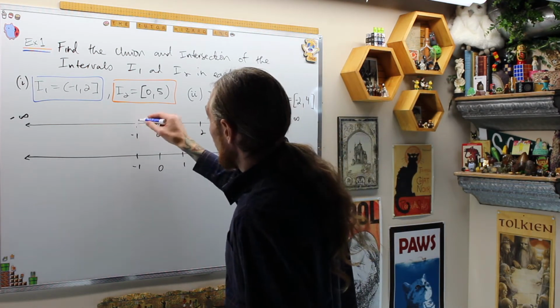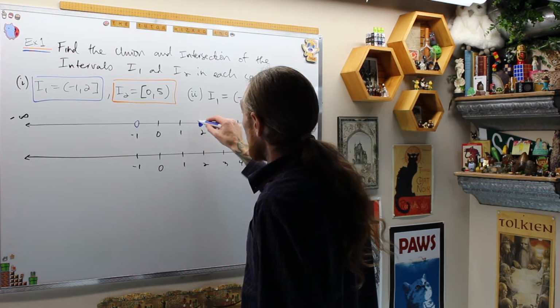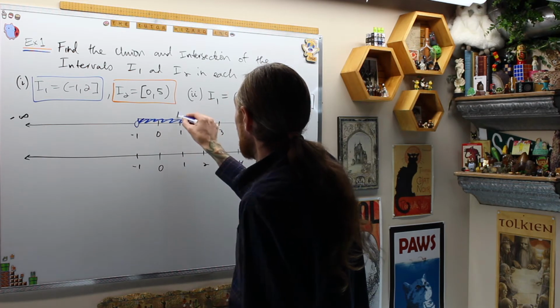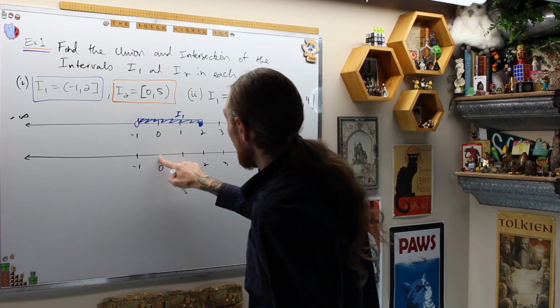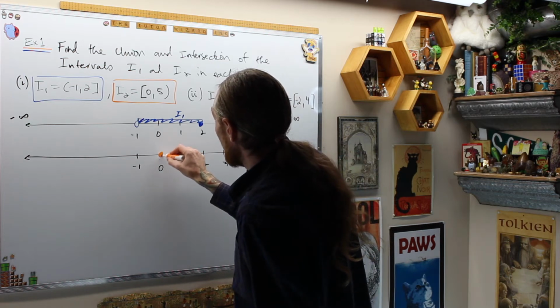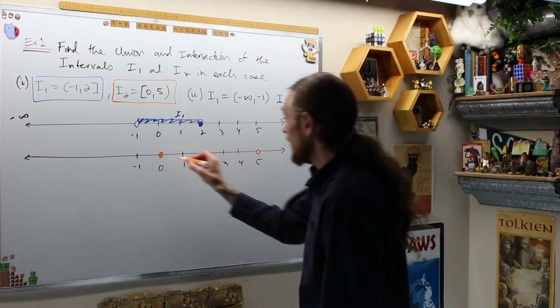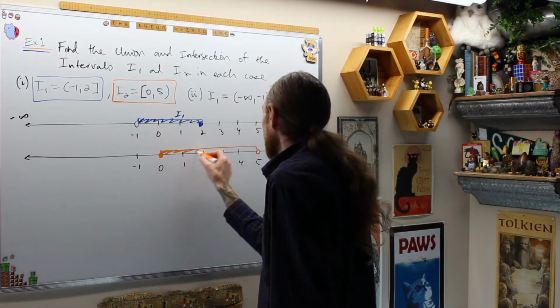For the first set, I have -1 open and then 2 closed and all the points in between. This is I1. I2 is now 0, which I'm allowed to equal, and then up to 5, which I'm not allowed to equal, so that endpoint is open.